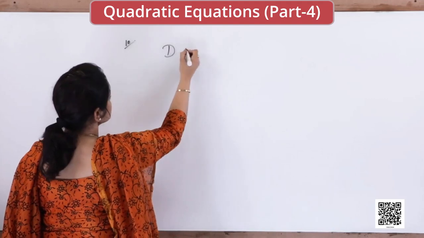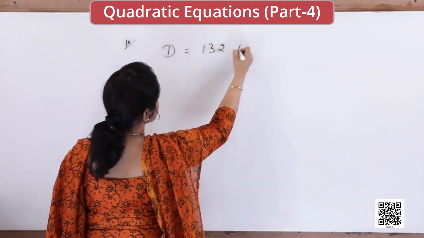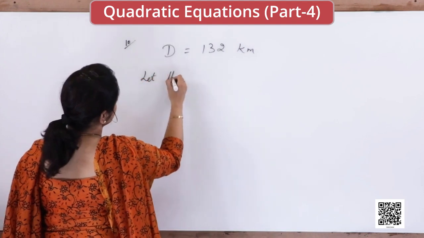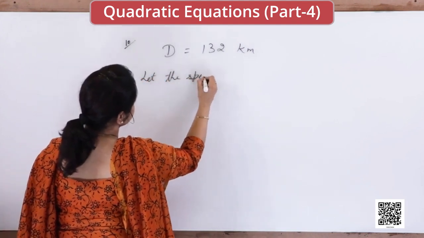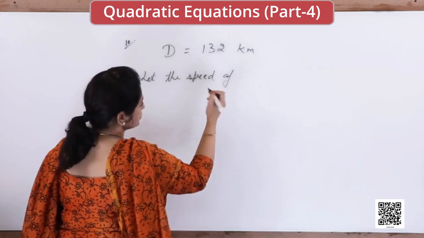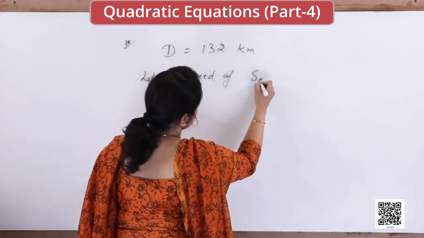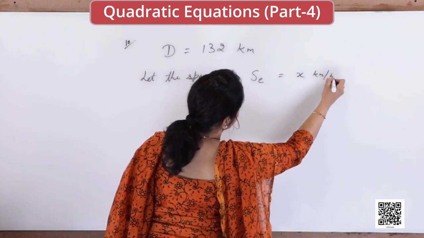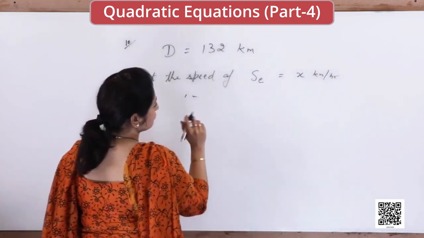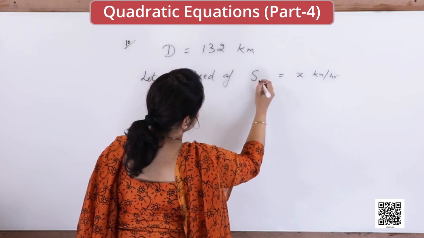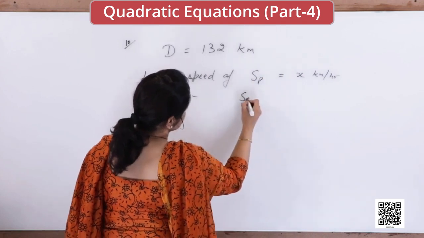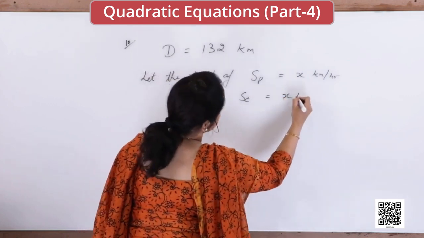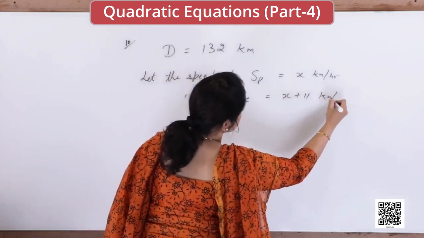Now the distance is 132 kilometers. Now suppose the speed of passenger train, or we can say speed SP, is equal to x km per hour. So the speed of express train, S of E, will be 11 kilometers more, that is x plus 11 kilometers per hour.